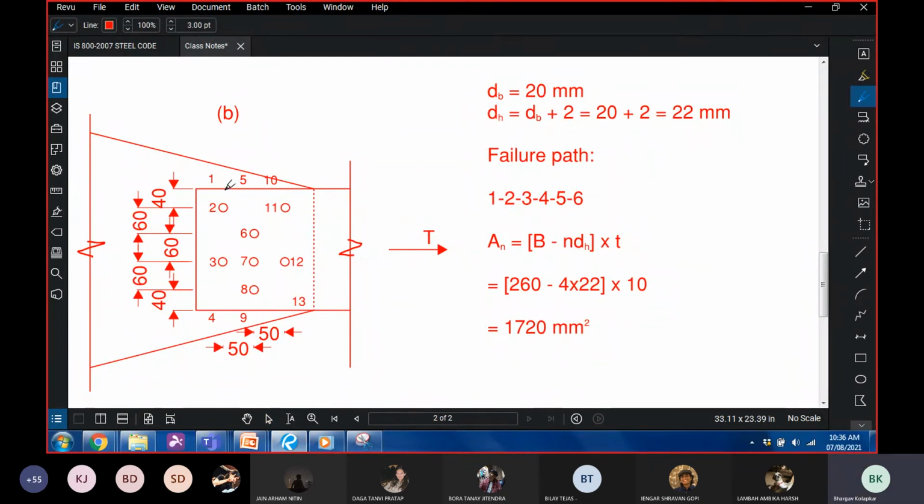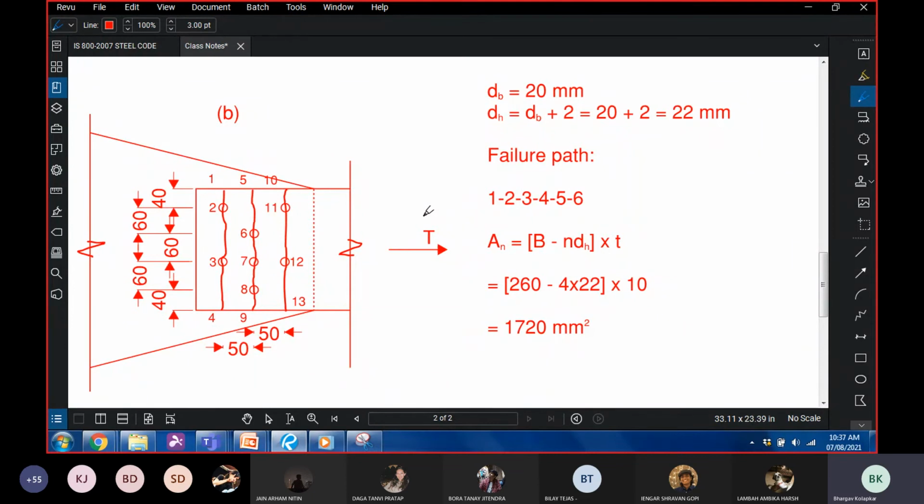The first possible failure path is 1, 2, 3, and 4. The second possible failure path is 5, 6, 7, 8. The third possible failure path is 10, 11, 12, 30.